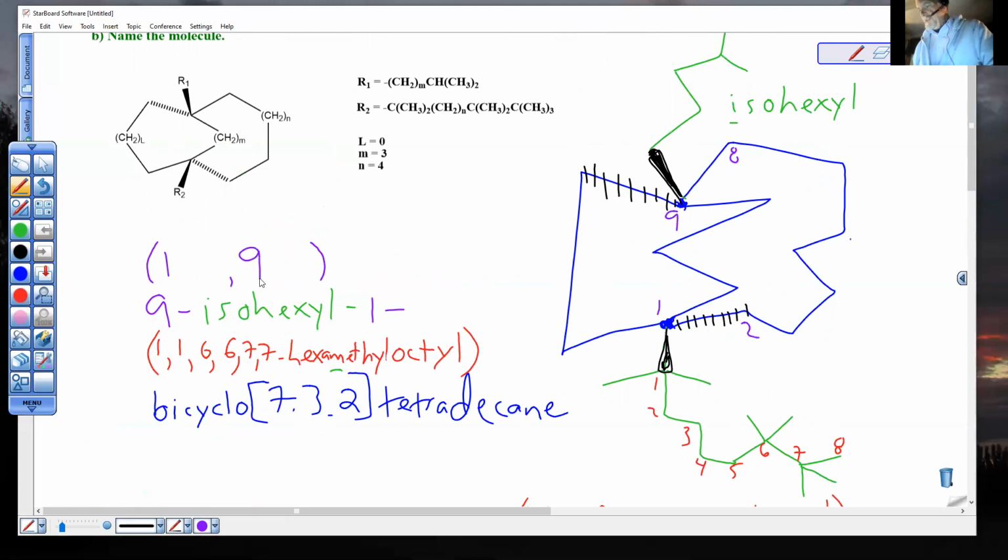Let's get busy. Let's use baby blue. Do the easy stereocenter on 1 first. A carbon with 3 bonds to carbon is number 1.